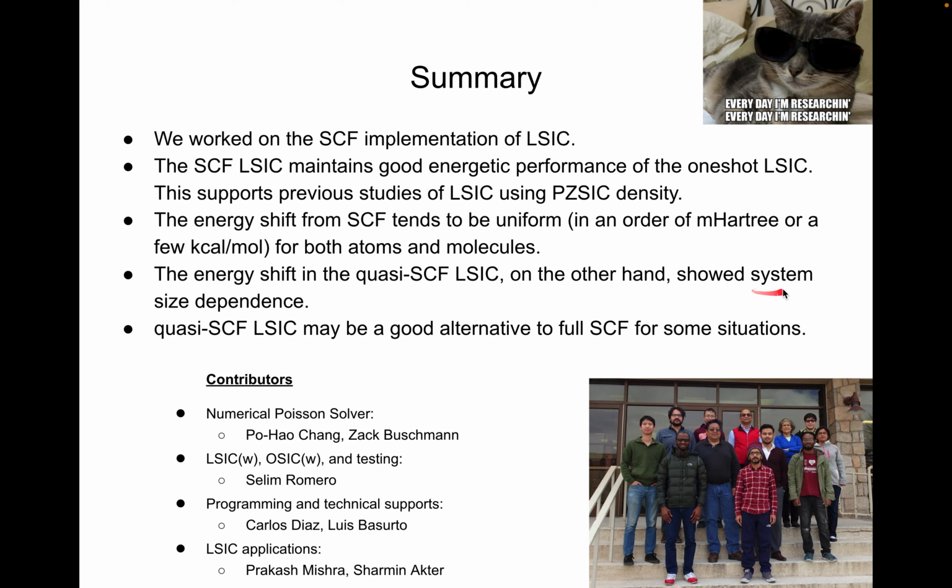The larger system experienced more energy shift, and the smaller system seems to have a smaller energy shift. For some cases, the quasi-SCF may be a very good alternative to the full SCF. That's what we saw for the HOMO eigenvalues. And we saw a decrease in the mean absolute error for the atomization energy. So that may be the case.